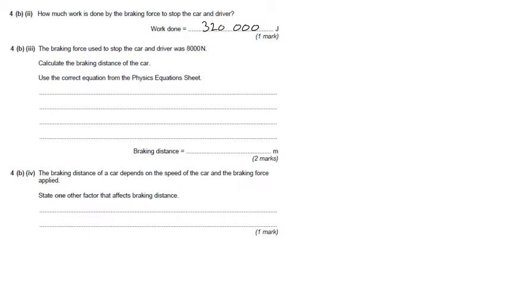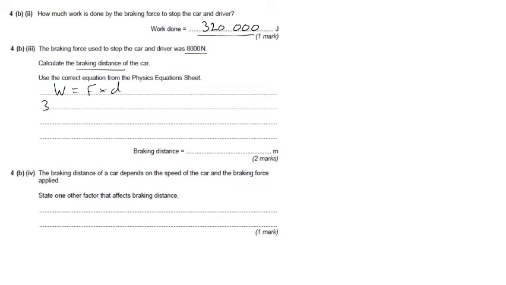Then it goes on to ask us to calculate the distance travelled by the car while braking, and it tells us a braking force. We know the energy that was converted by the brakes, so that's the work done by the brakes, and we know the force. A formula that links work done, force and distance is that work done is equal to force times distance.